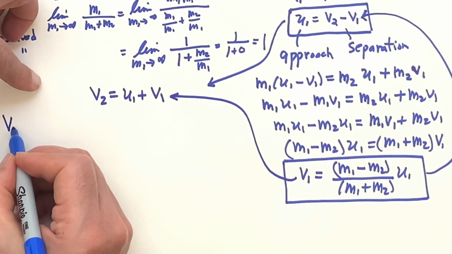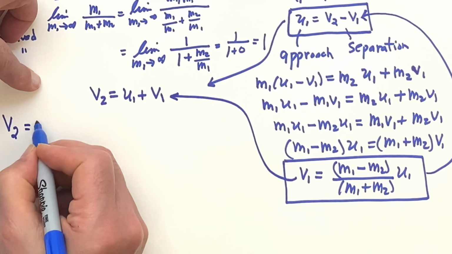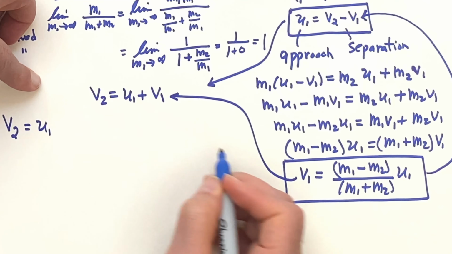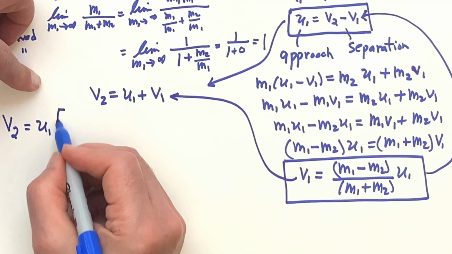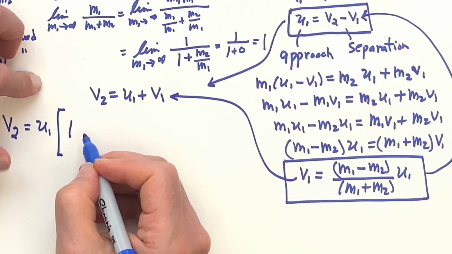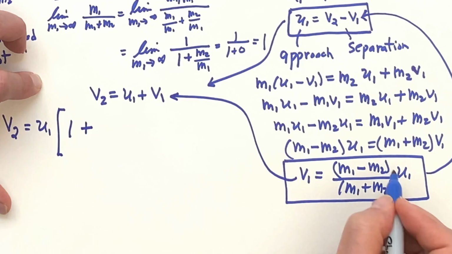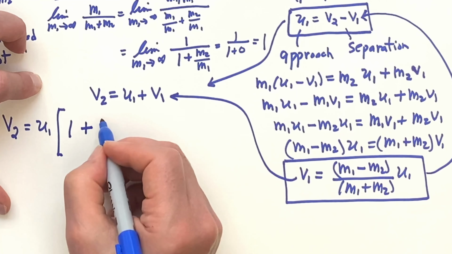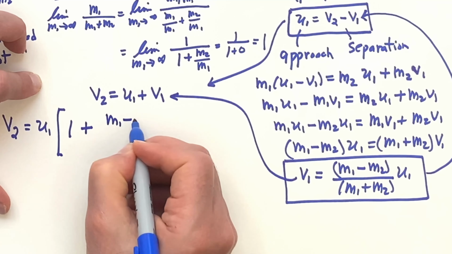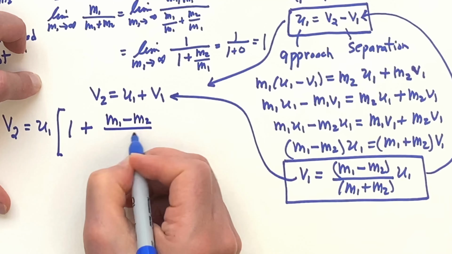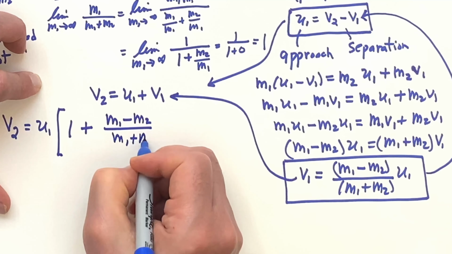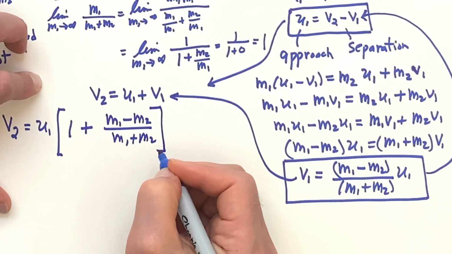So that gets us v2 is u1. Now there's a u1 here and there's a u1 there. So that's going to be 1 plus all this in here, (m1 minus m2) over (m1 plus m2). That's it.